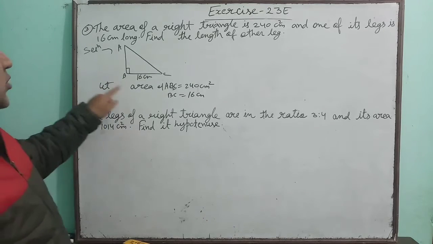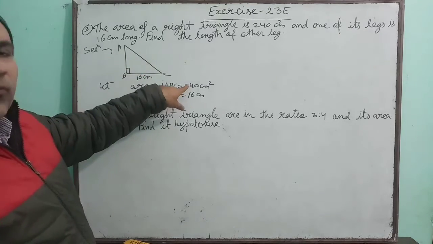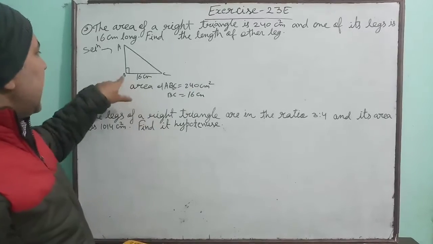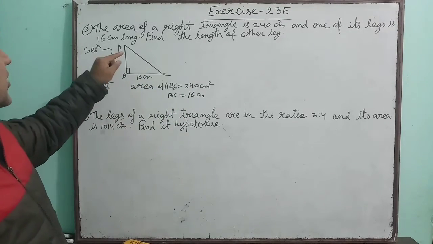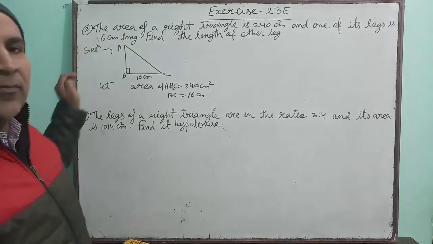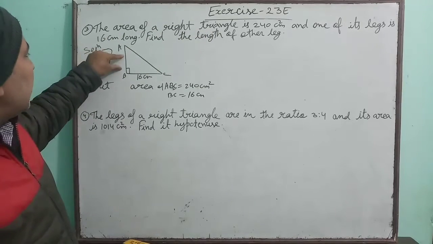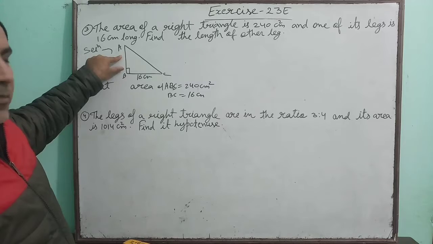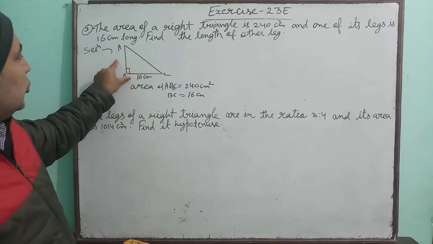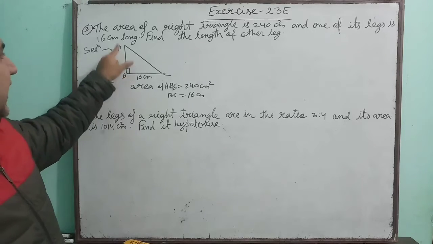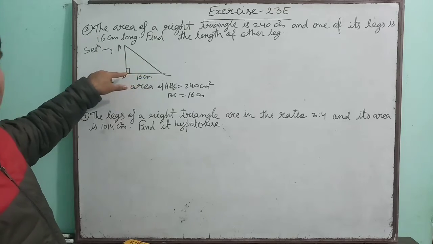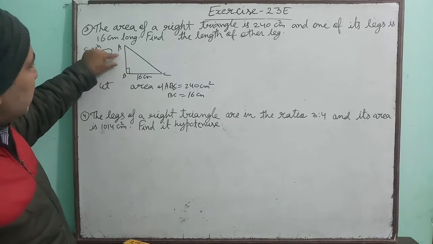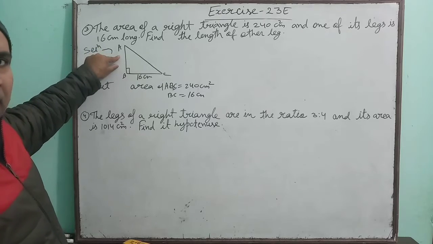Okay. Suppose area of this triangle ABC is 240 centimeter square given and this side BC is given 16 centimeter. Then question is asking find the length of the other leg. So length of other leg will be this one, because by taking these two legs only we cannot take AC. If area is given and one base is given, it means definitely the other leg is AB.